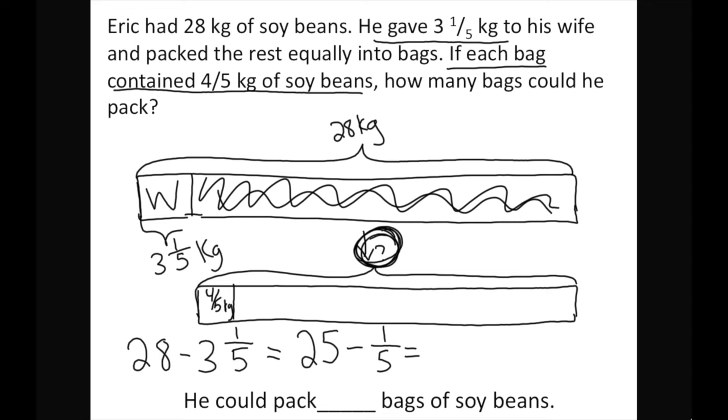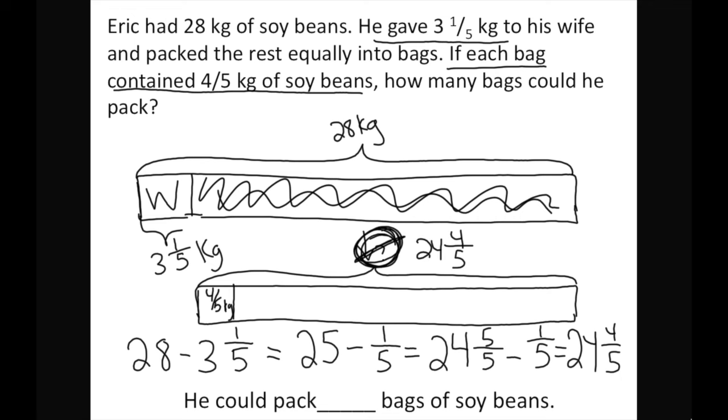So to do that, I'm going to need to borrow 1 whole from 25 and write it as 24 5/5 minus 1/5, which equals 24 4/5. So now this total is 24 4/5.